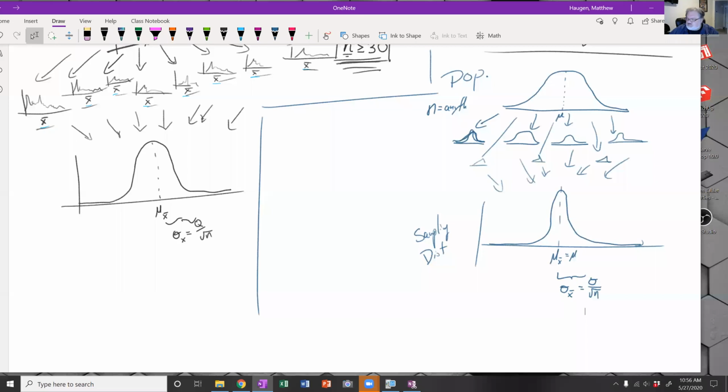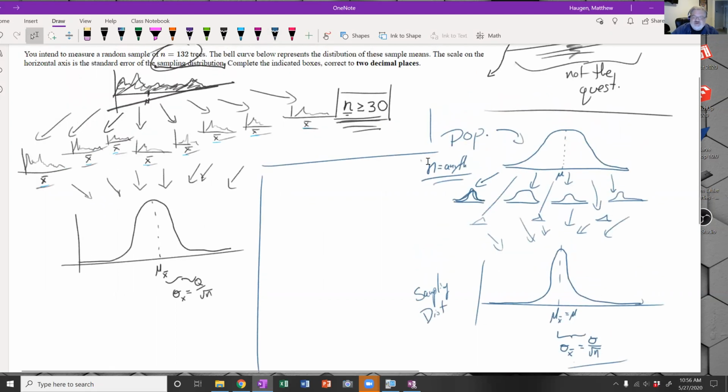So the other qualification, if your sample size is small, you can still use the sampling distribution with this standard deviation divided by the square root of the sample size as its standard deviation, as long as your original population was normal. If your original population wasn't normal, if your original population was ugly or skewed or weird in whatever way, that's okay.